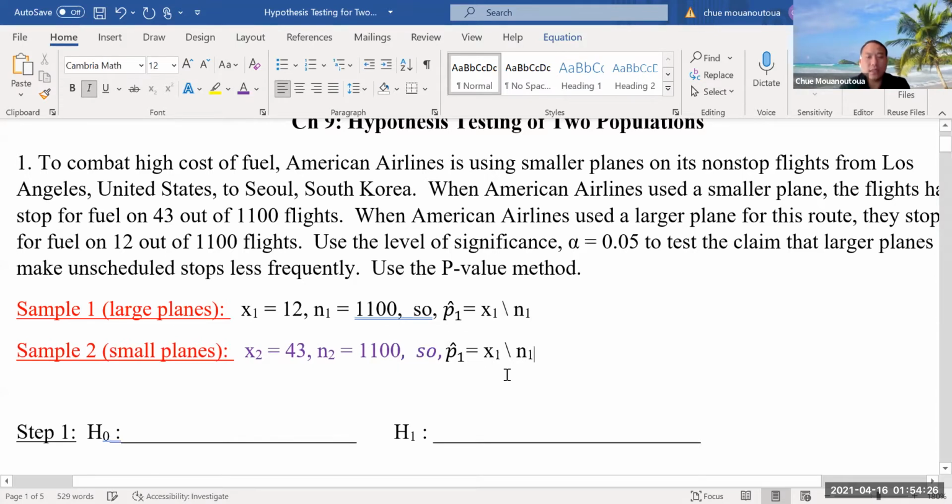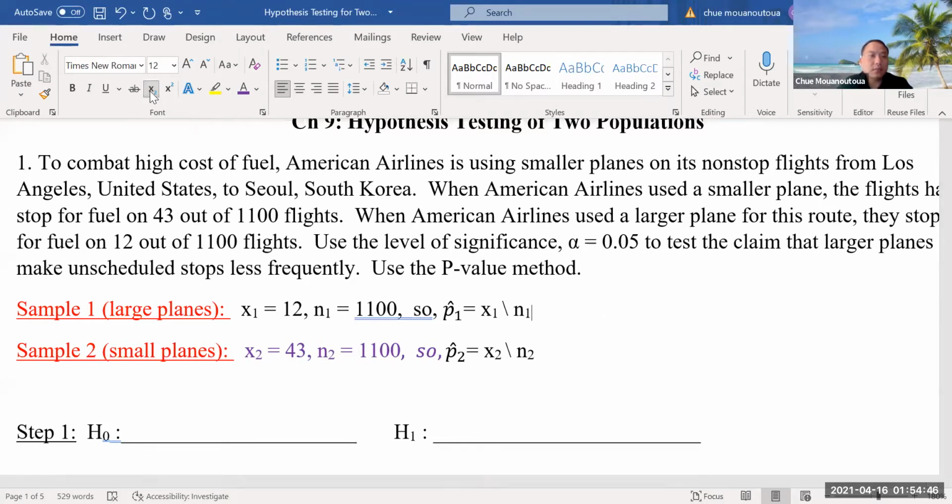Again, everything changes to 2, to get my second sample p hat.